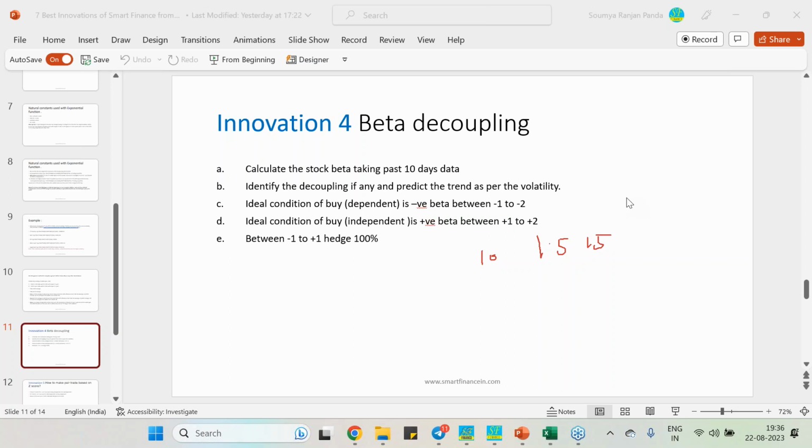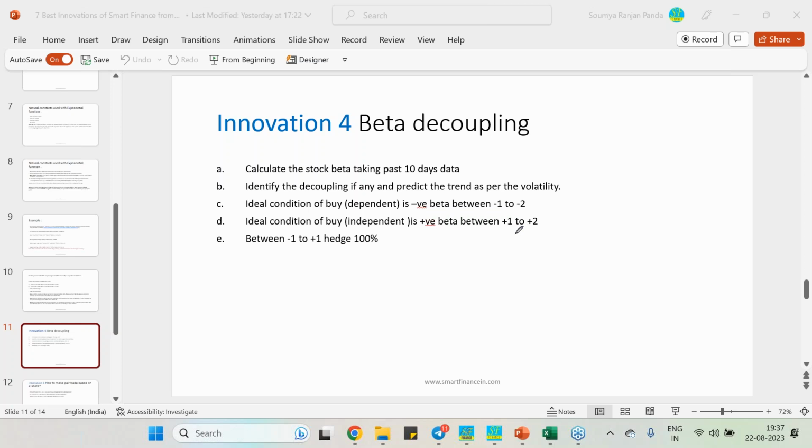So beta is just a mathematical competitiveness between these two stocks. This competitive nature changes every day, every minute. That deviation, or non-matching competitiveness, is known as decoupling.